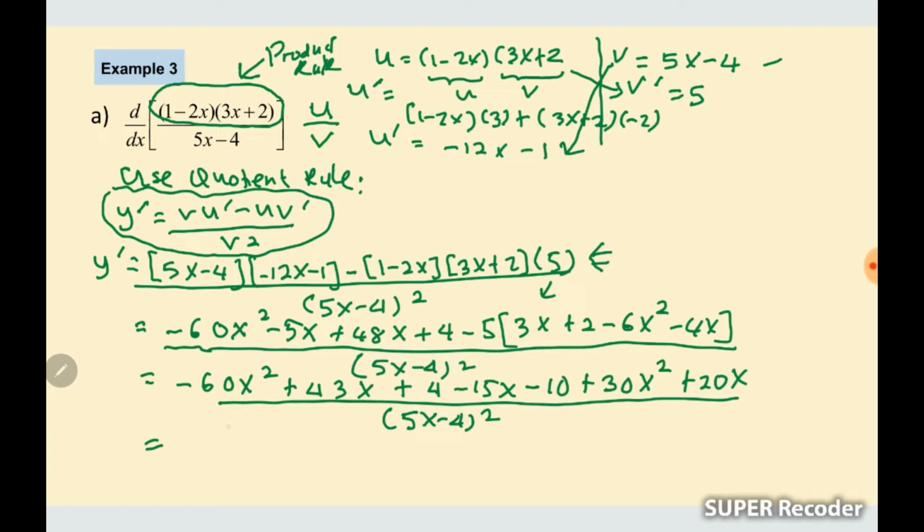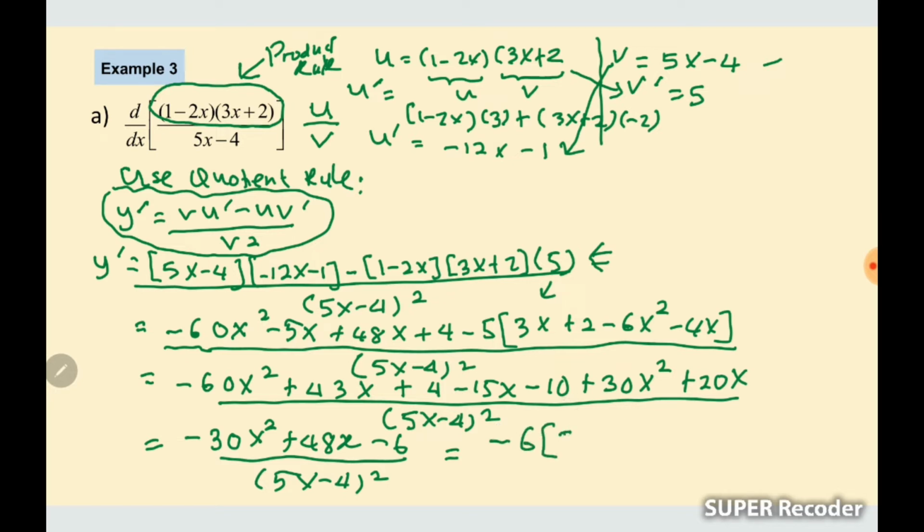Then you simplify, you will get negative 30x squared plus 48x minus 6 over (5x minus 4) squared. Or you can factorize negative 6, and in the bracket we have 5x squared minus 8x plus 1, over (5x minus 4) squared.